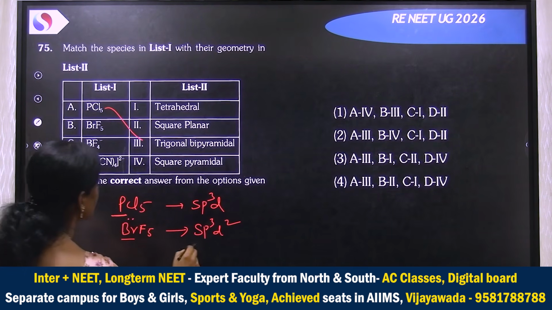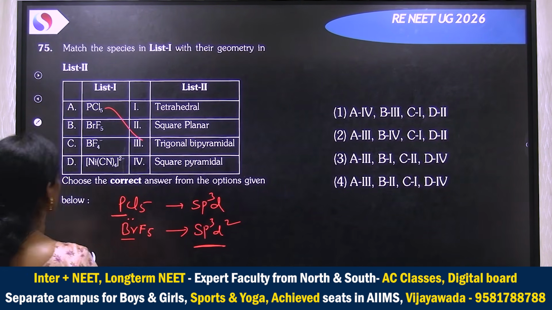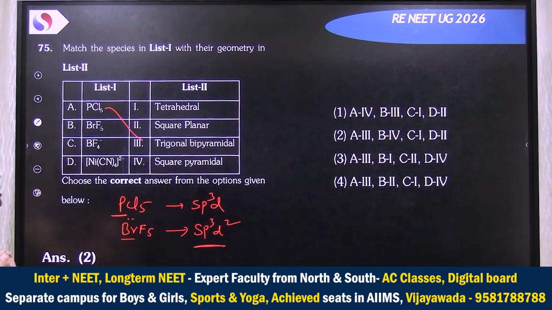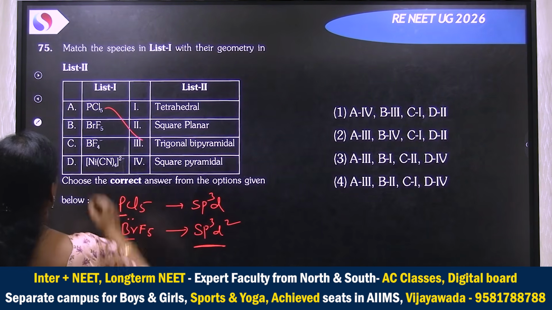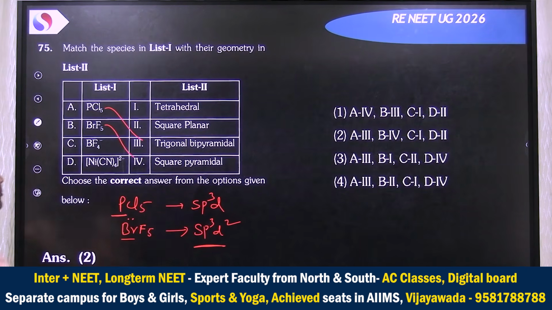So if hybridization is sp3d2 but one lone pair is present, that means the geometry is octahedral but the shape is square pyramidal. So due to the presence of one lone pair, BrF5 shape is square pyramidal.